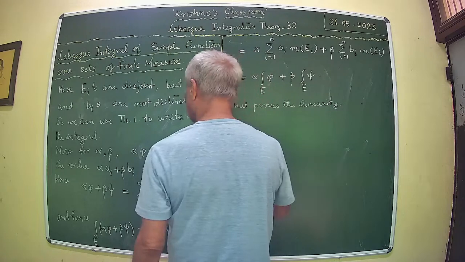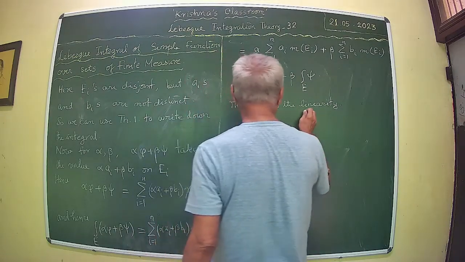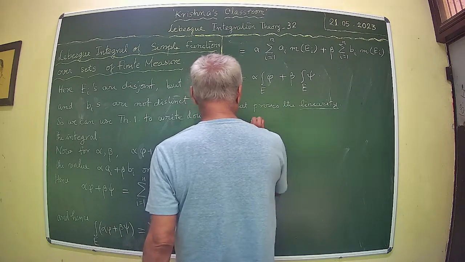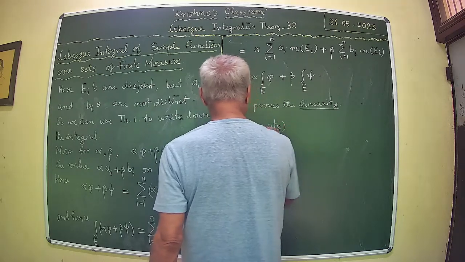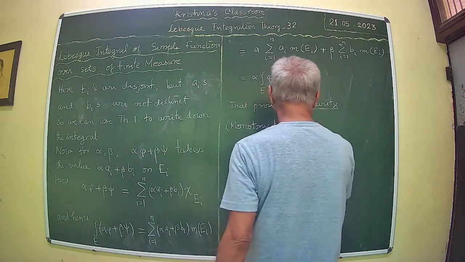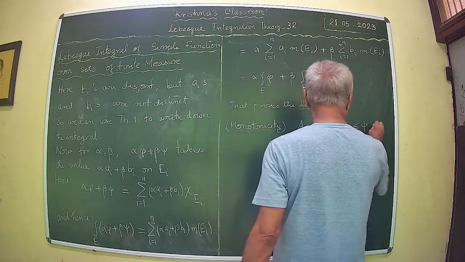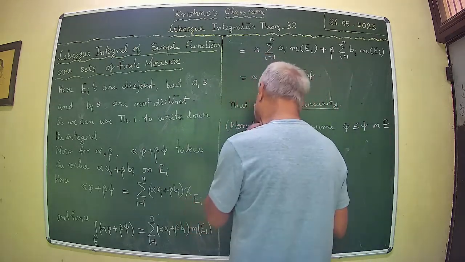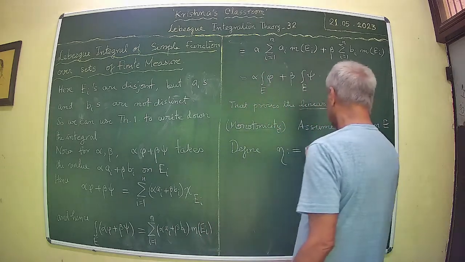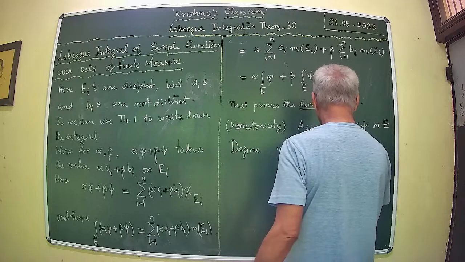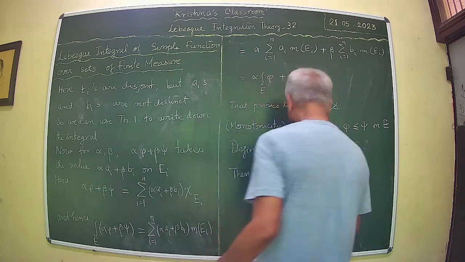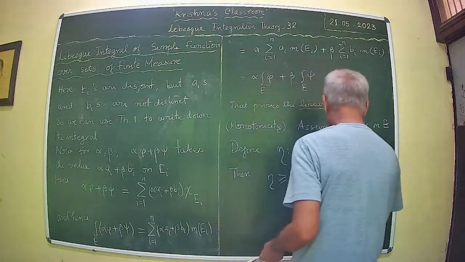Now we work on monotonicity. Assume phi is less than psi. We define eta to be equal to psi minus phi.